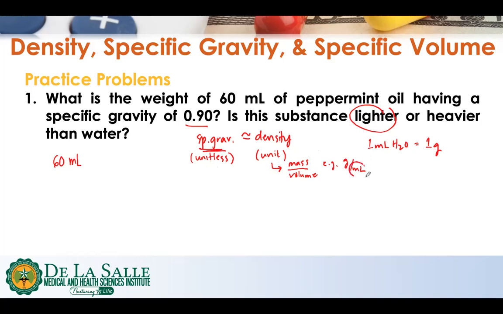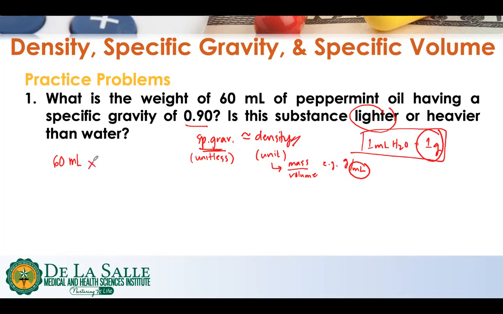So if the volume of substance is given in its density, we can convert it to the weight of an equal volume of water. So when the density has a unit that is grams per ml, the numerical value of density is the same or similar to specific gravity because of this equality where 1 ml of water has a weight of 1 gram. So there is an imaginary unit that I always remember for specific gravity, and that is grams per ml.